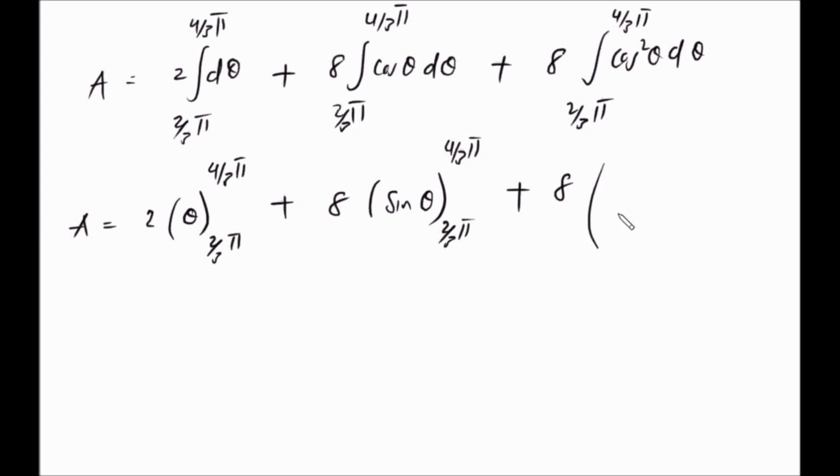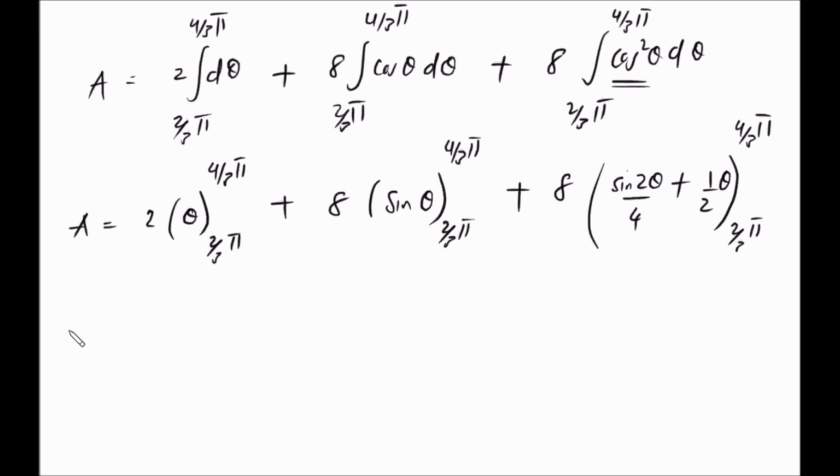So nikiintegrate cos squared theta nitapata sin 2 theta over 4 plus 1 over 2 theta. So it's from 2/3 pi to 4/3 pi. Yeah, so integration ya cos squared theta, nafikiri tumia concept ya multiple angles utafika hapa. Okay, I am just trying to save time for this video.